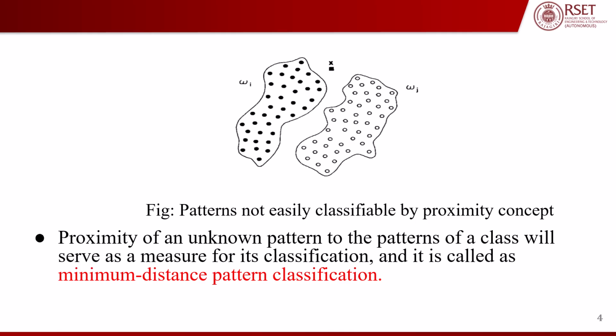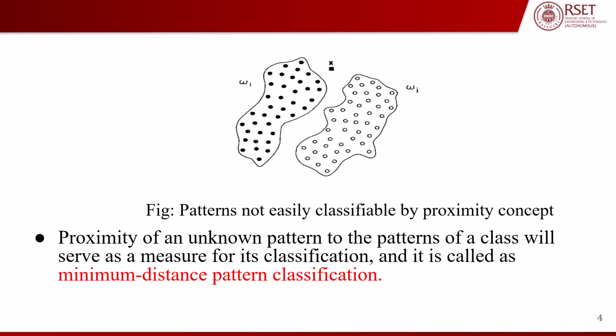It could even be in omega j, but from eyeballing we can sense that given the way the data is distributed here, x is more likely to be in omega I. But here we cannot go for a simple straight line distance. So that is the entire motivation for having distance measures, because we cannot always use the straight line distance. For different types of data we need more complex distance measures.